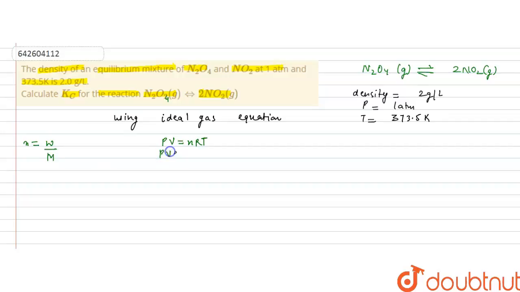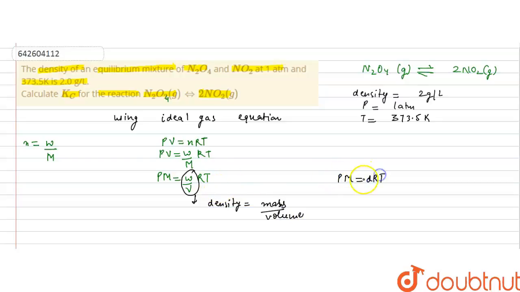So if we write number of moles as W by M, then PV equals W by M into RT, where W by V, that is weight or mass upon volume, is the density of the substance. Density is mass by volume, so we can write it as d. It means we have PM is equal to dRT, where d is the density of the gas or the substance.